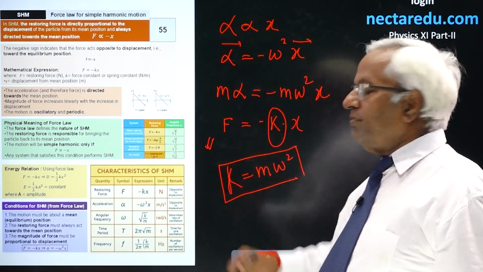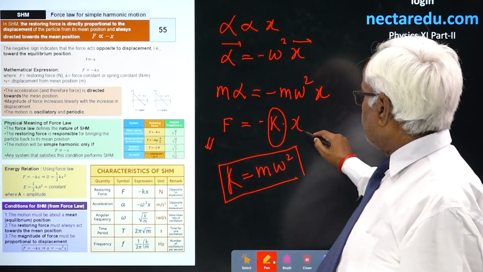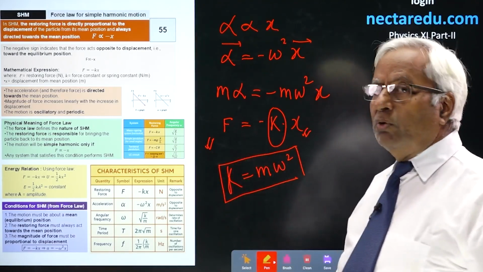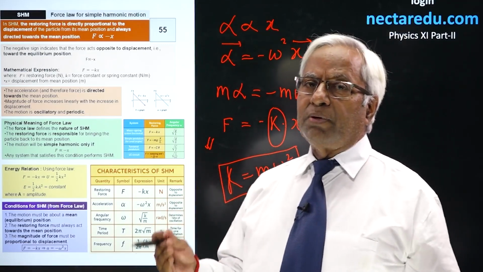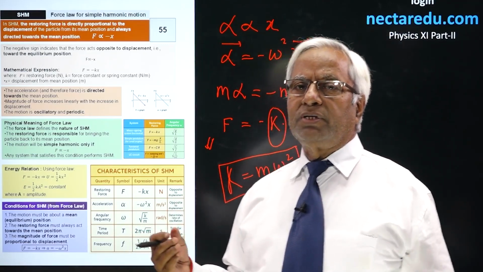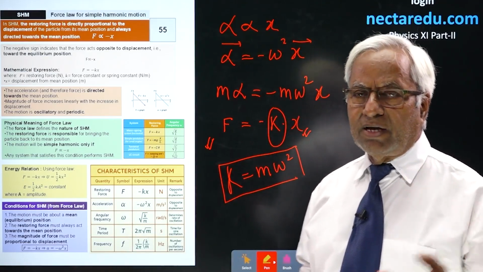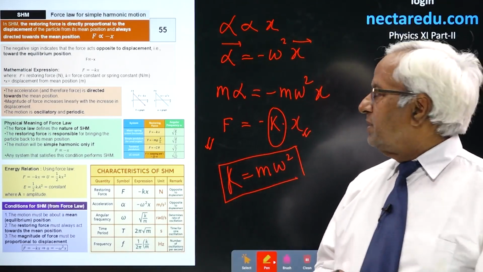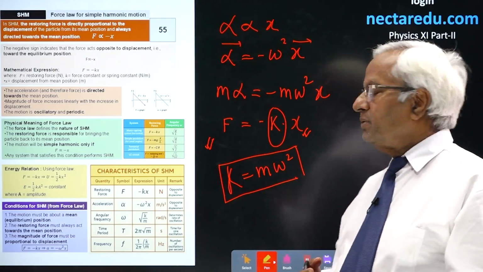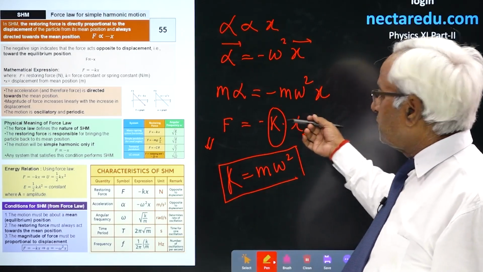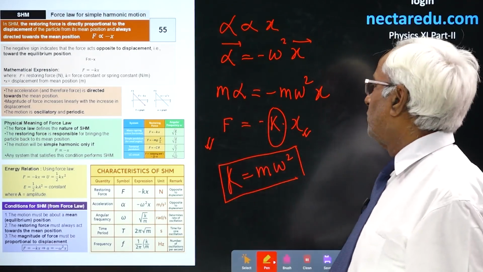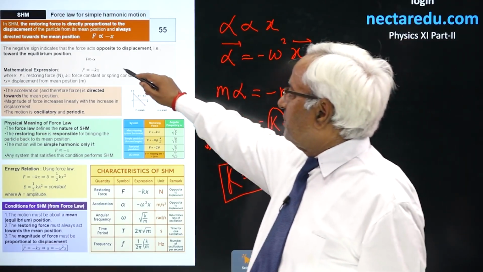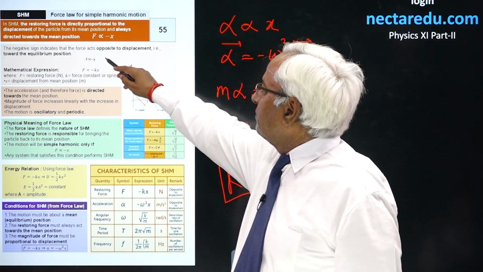Restoring force F and displacement x are directly proportional. This is one of the important three characteristics of simple harmonic motion, that here the restoring force is always directly proportional to the displacement and opposite to the displacement also. That thing has been mentioned over here.